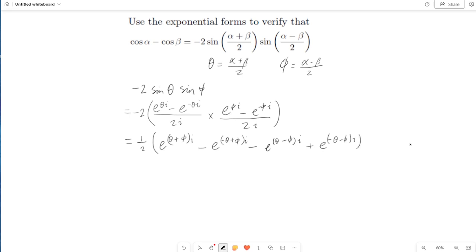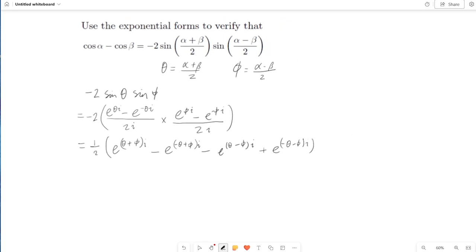Cool. Okay, and now, more interestingly, we can see that the sum and the difference of theta and phi actually correlate with our alpha and beta, because theta plus phi in this case is alpha plus beta over 2 plus alpha minus beta over 2, which is alpha plus alpha, well, 2 alpha, plus beta minus beta, and they cancel out. 2 alpha over 2, that is just alpha.